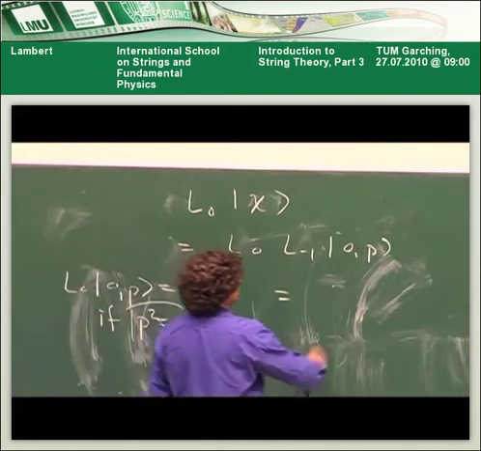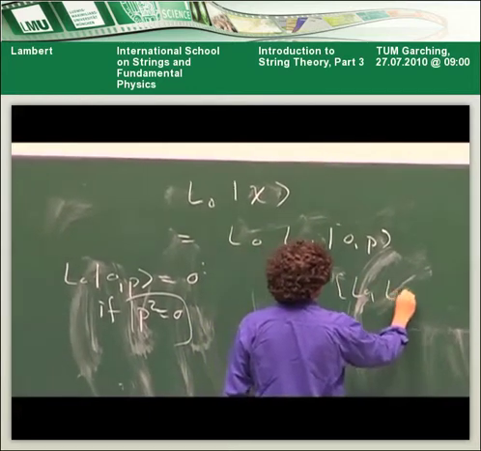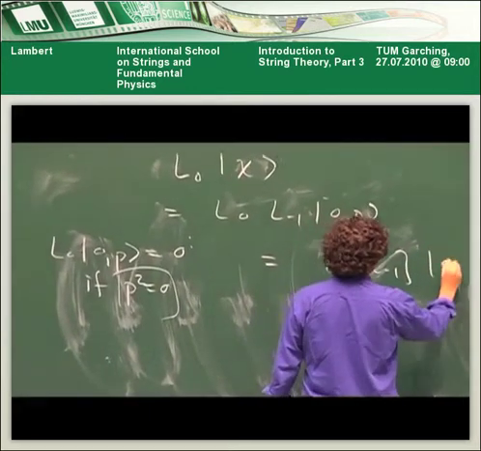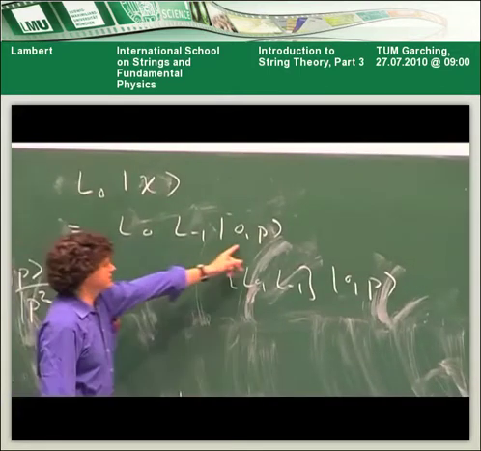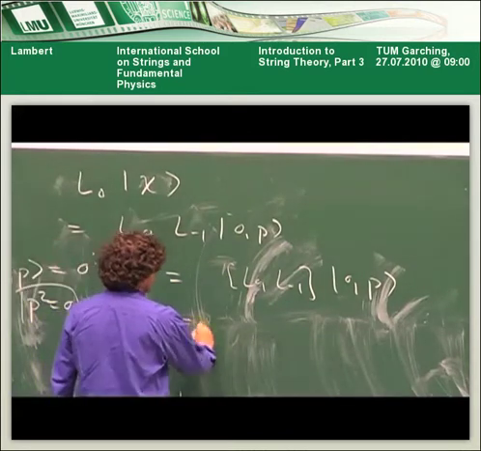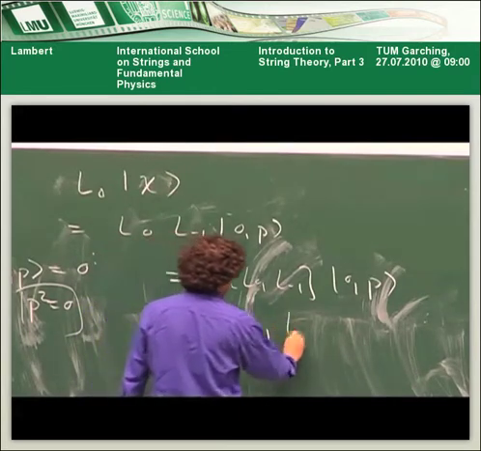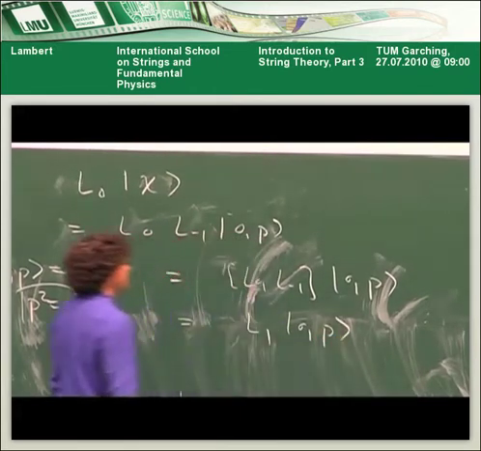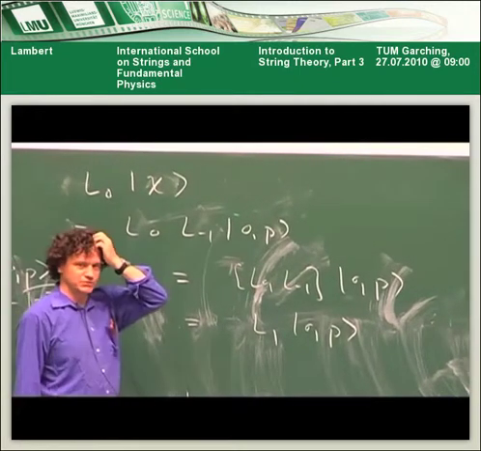Well, in particular, then I can use the algebra again, because when L0 hits the ground state, it gives 0. And now I can use our algebra. That gives me L1 from the first term, and that's it. The central charge term won't be there because 0 is not equal to 1.